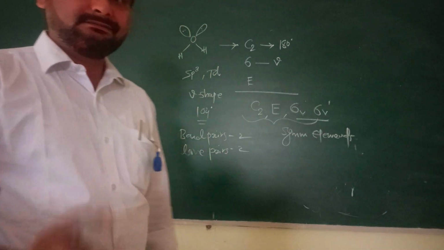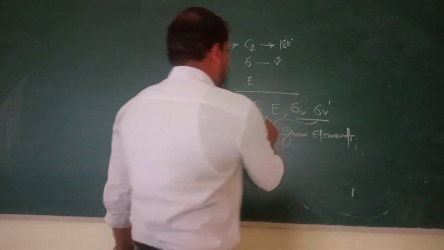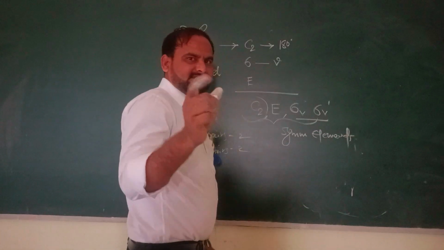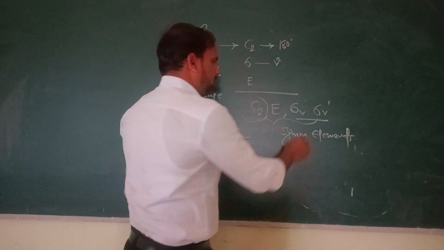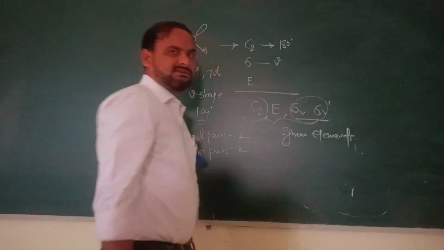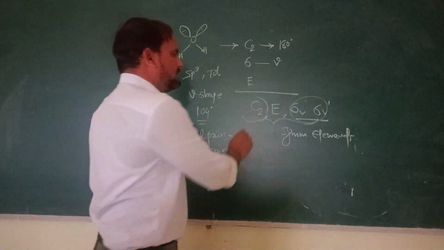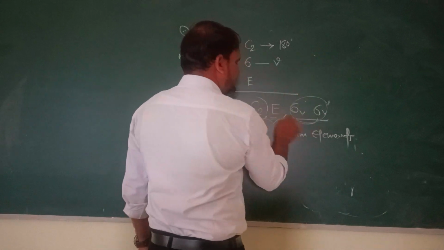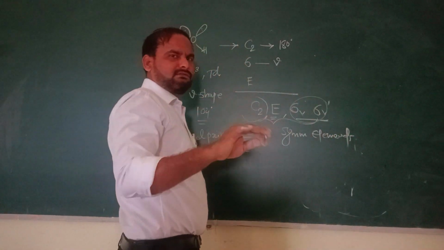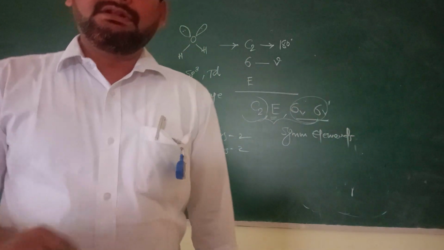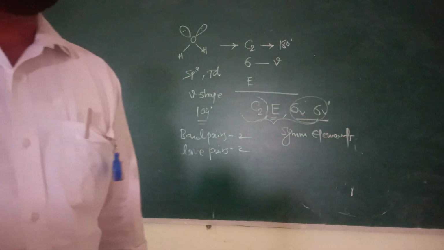Here the C2 is the principal axis present in the water molecule, and the vertical plane is due to the reflection. If you combine these two, because identity is present in every molecule, whatever molecule you have, the identity is there.